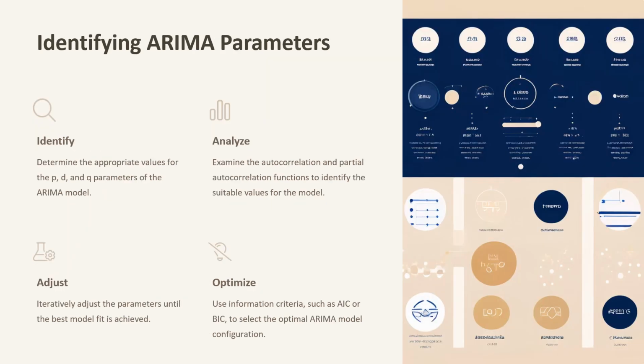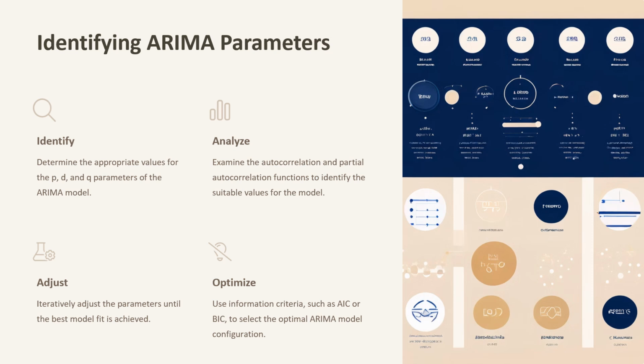Okay, in this slide, we want to identify the ARIMA parameters. Number one, identification. Determine the appropriate values for the P, D, and Q parameters of the ARIMA model. Number two, analyze. Examine the autocorrelation and partial autocorrelation function to identify the suitable value for the model.